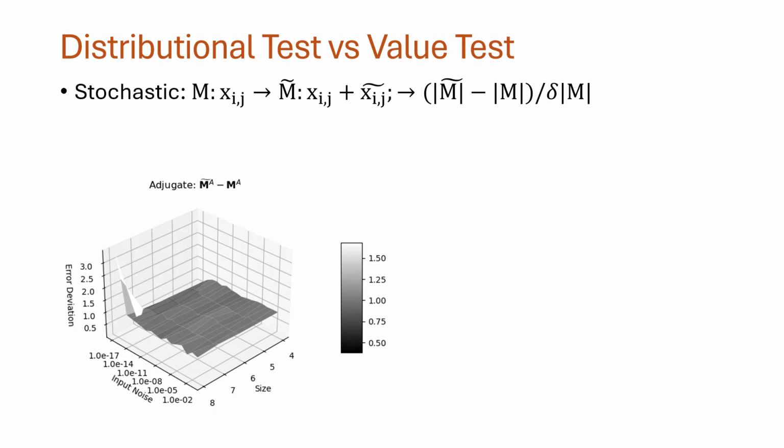You can see for matrix sizes from 4 to 8, for input noise from 10 to the minus 17 to 10 to the minus 1, the error deviation is very close to 1, except at one point at 10 to the minus 7 for the input noise and matrix size 8.